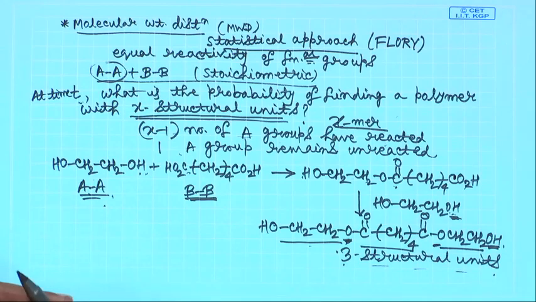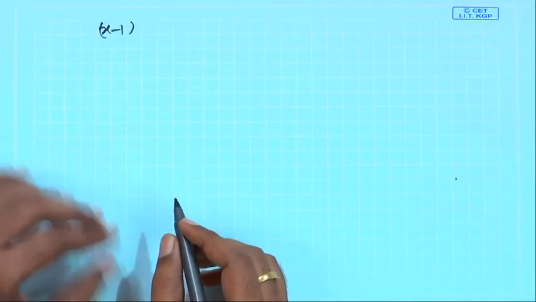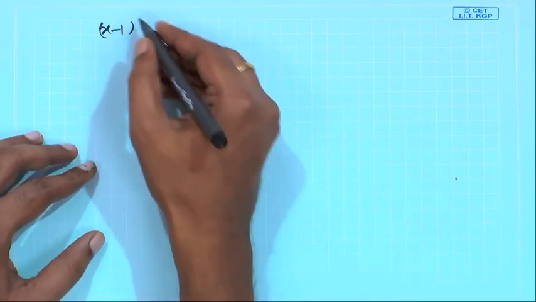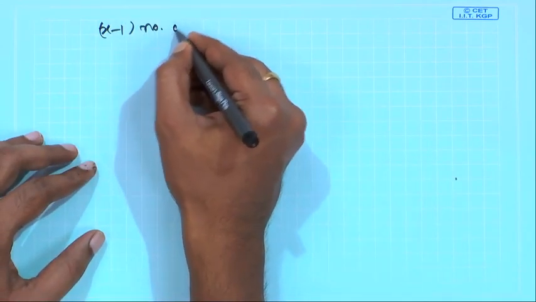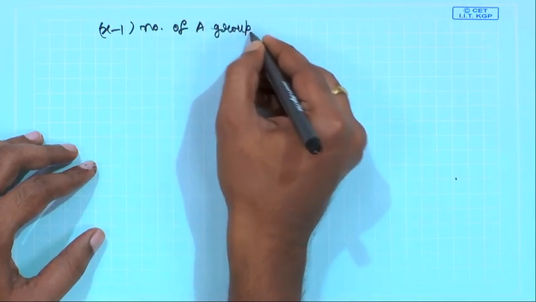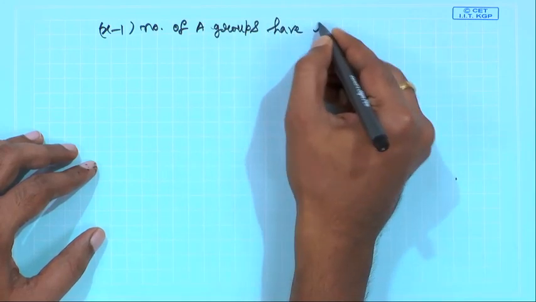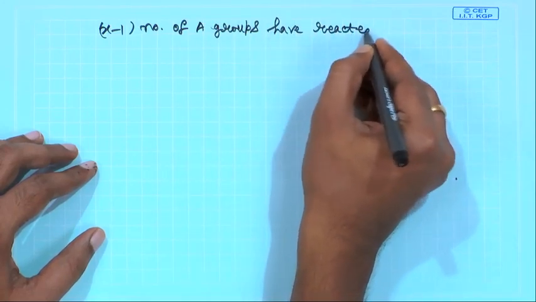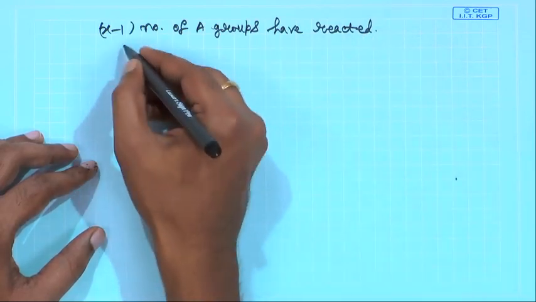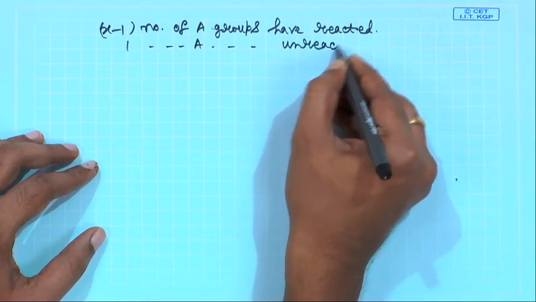Now, x minus 1 A groups have reacted and 1 A group remains unreacted.